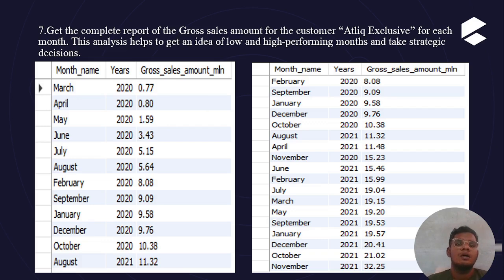Maybe the sales did not happen properly, and there are several reasons behind that. Maybe the customer trend, or the local environment impact, or maybe we are not delivering the proper product, or the Atliq Exclusive members are not trained well.